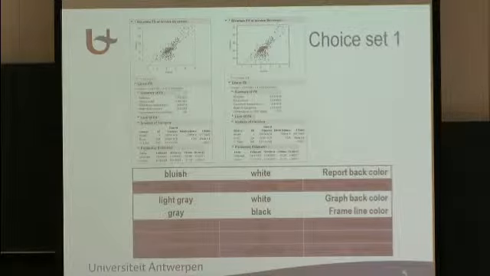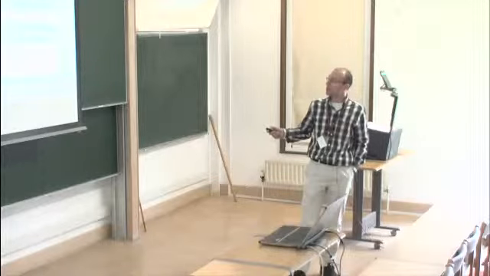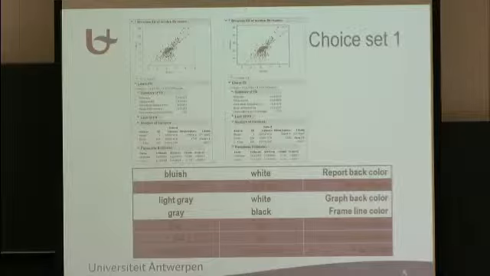And what was special about this choice set is that the 2 output displays, the 2 alternatives, only differed with respect to 3 of the 7 attributes. Only the report background color was different for the 2 alternatives, the graph background color, and the frame line color. The levels of the 4 other attributes were held constant.